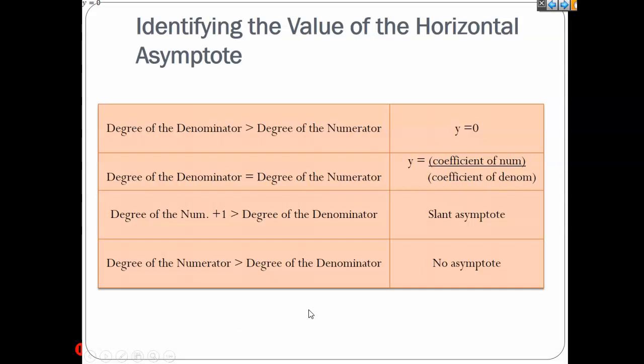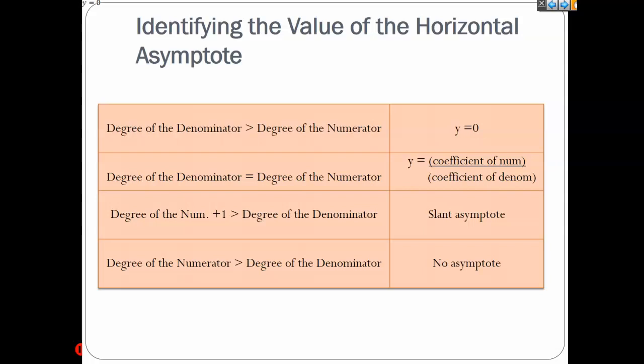All right, so something you kind of just have to memorize a little bit is the horizontal asymptote chart. If the denominator is a degree 1 greater than the numerator, then you will always have a horizontal asymptote at y equals 0. And that's what happened in the last example.